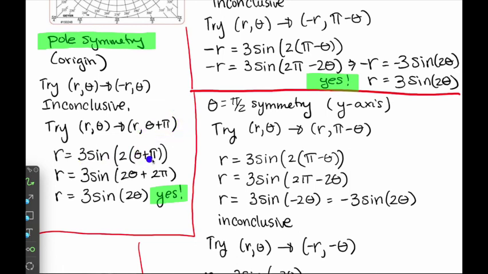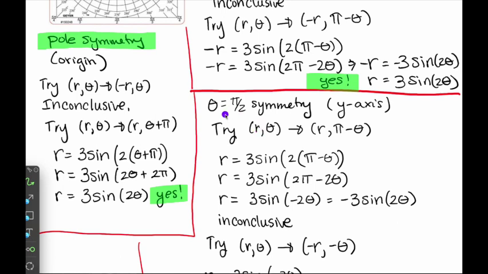I plug in theta plus pi for theta, and when I distribute, I get 2 theta plus 2 pi. I can get rid of this because it's just another full cycle. And so I'm left with r is equal to 3 sine 2 theta. So yes, we have pole symmetry, and we anticipated this because we looked at the graph ahead of time.